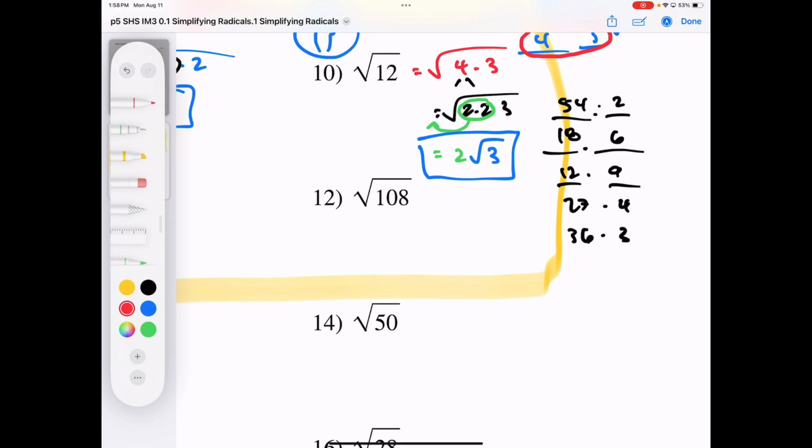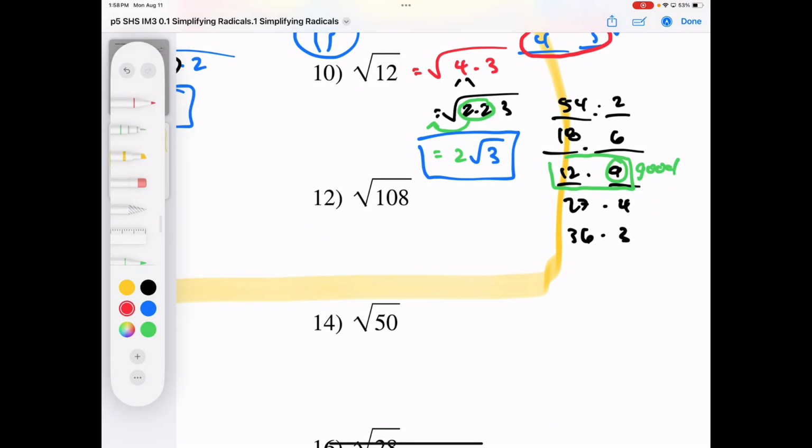12 times 9. Okay, this one is good because that is a perfect square. But Darian, do you know which one is the best one? 18 and 6. Okay, question, are any of those perfect squares? The numbers from the back.